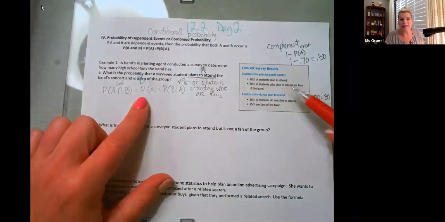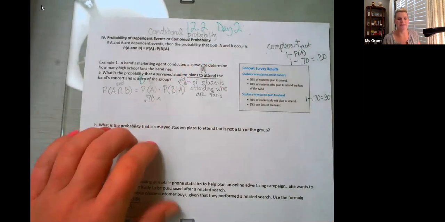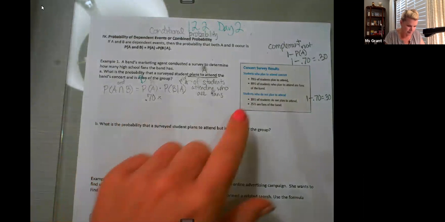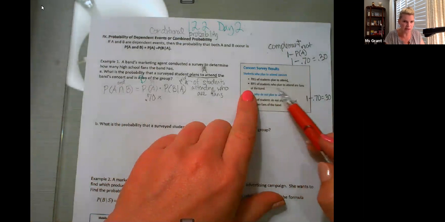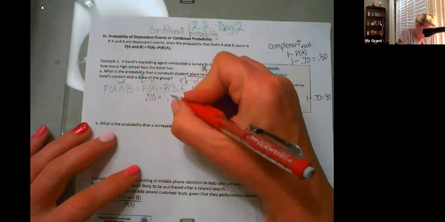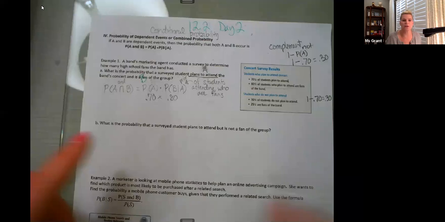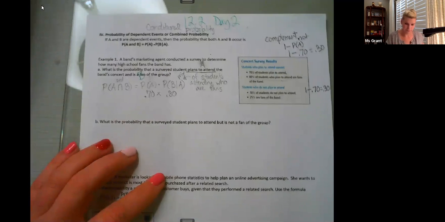The students going, that's 70%, 0.70, times, do an X so you don't get your decimals and your multiplication confused, of the students attending who are fans. Of the students attending, 80% are fans. That's this right here, 0.80. So I multiply those two. I have the roster. I'm happy to call on people's names but I need volunteers today. So, volunteer. 0.56.